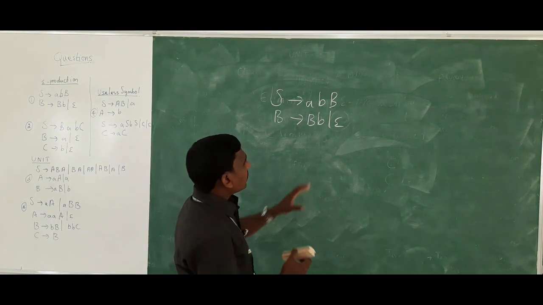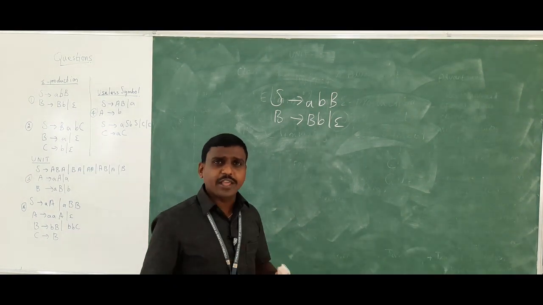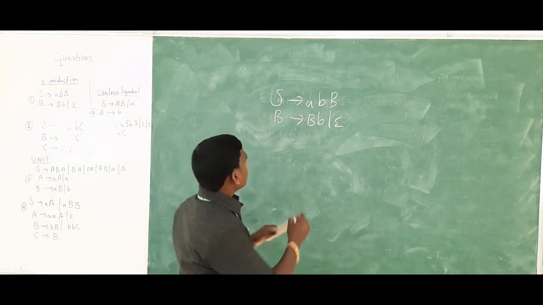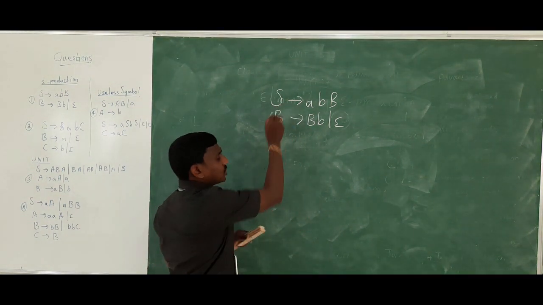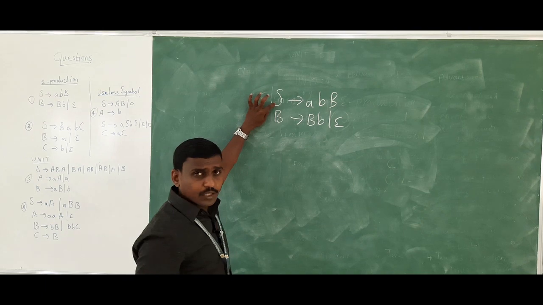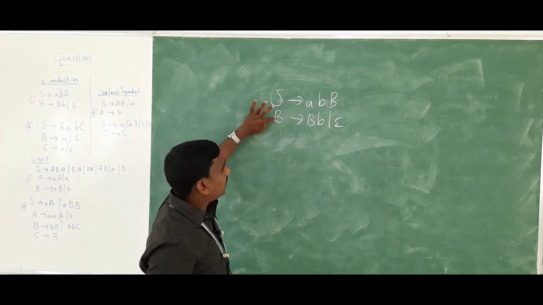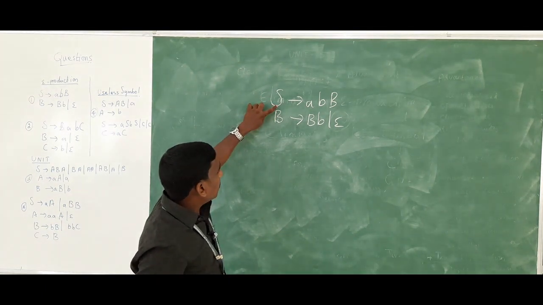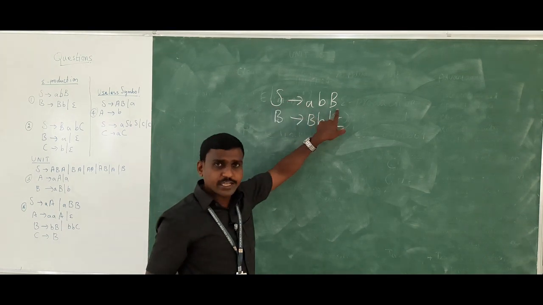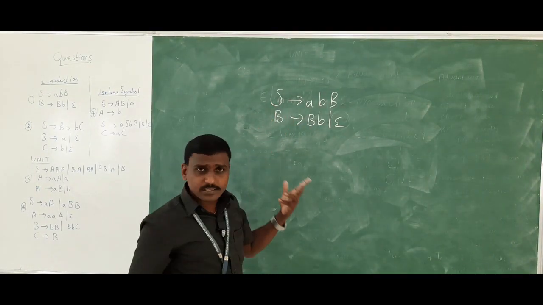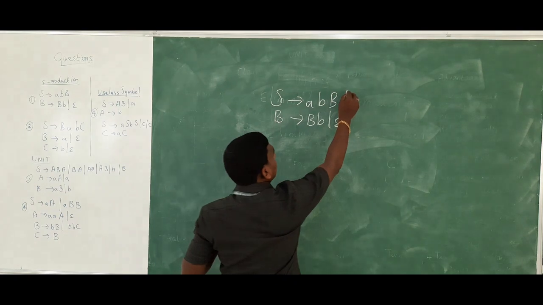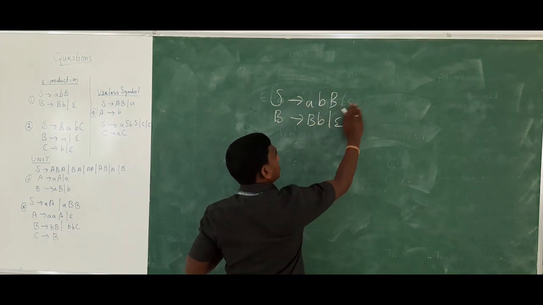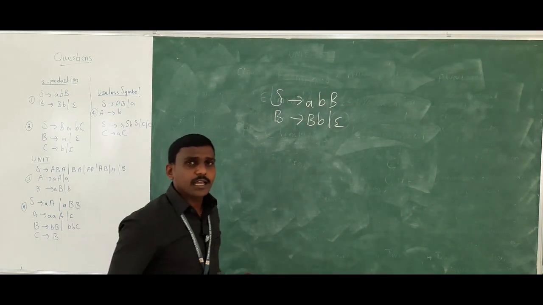See, whenever we have to check which variable has the epsilon. See, I have two variables, the production starting variable, this is S, and another production variable is there, B. Clear? So does S have epsilon? I want to check. See, S production doesn't have epsilon. If I had epsilon like here, yes, S production would have epsilon. But in this grammar, S doesn't have epsilon.